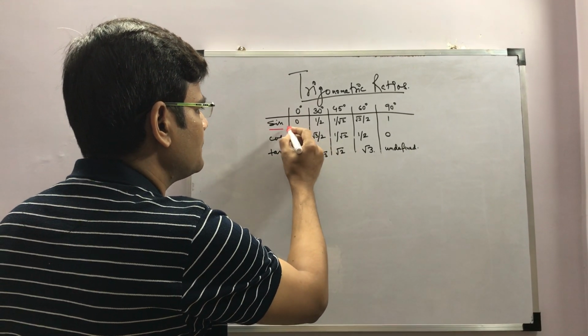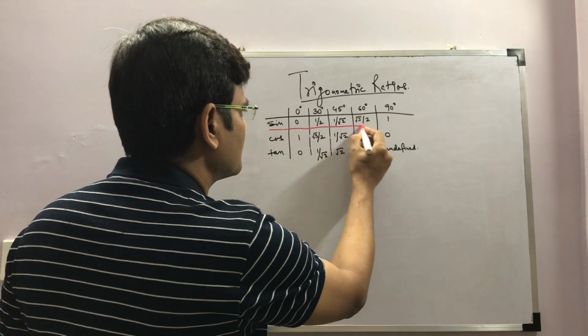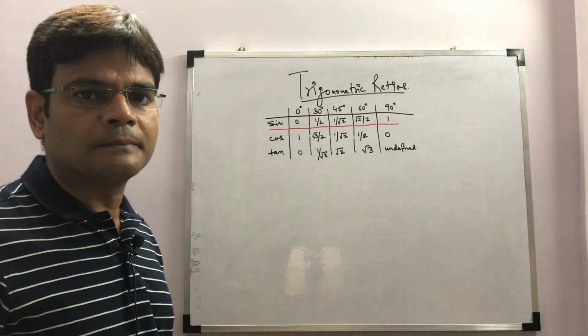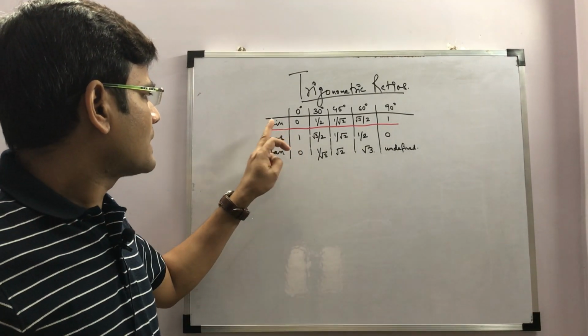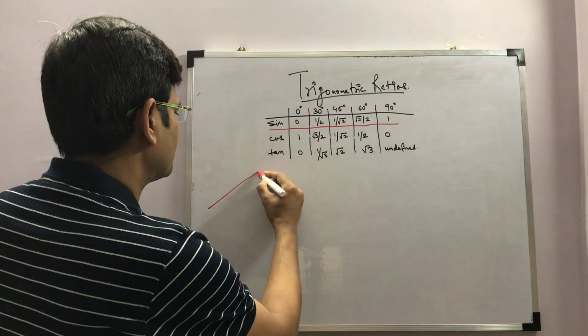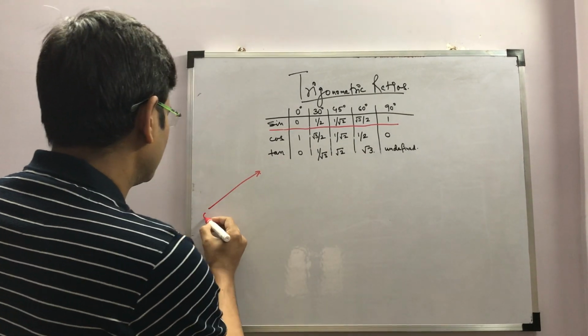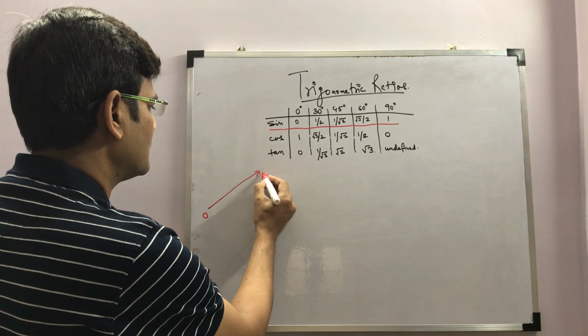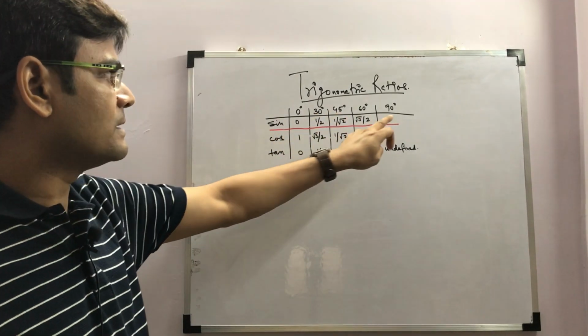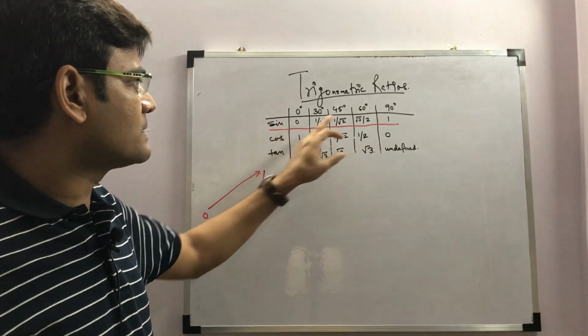If you remember this first row, then you can create this table anywhere, anytime. Sine 0 starts with 0, it gradually goes up, it starts at 0 and ends at 1. So sine 0 is 0, sine 90 is 1. Done with the first and last value.